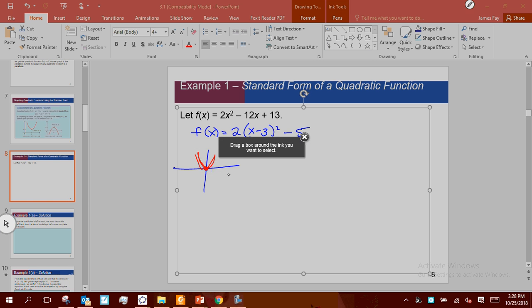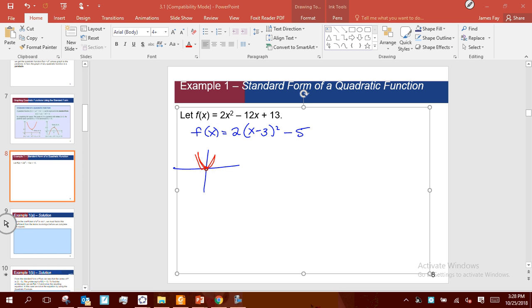So move that point 3 units to the right and then 5 units down. And my hope is that you recognize that it's going to be concave up because this is positive. So that number and that number tell me the ordered pair of the vertex. It's going to be 3, negative 5.